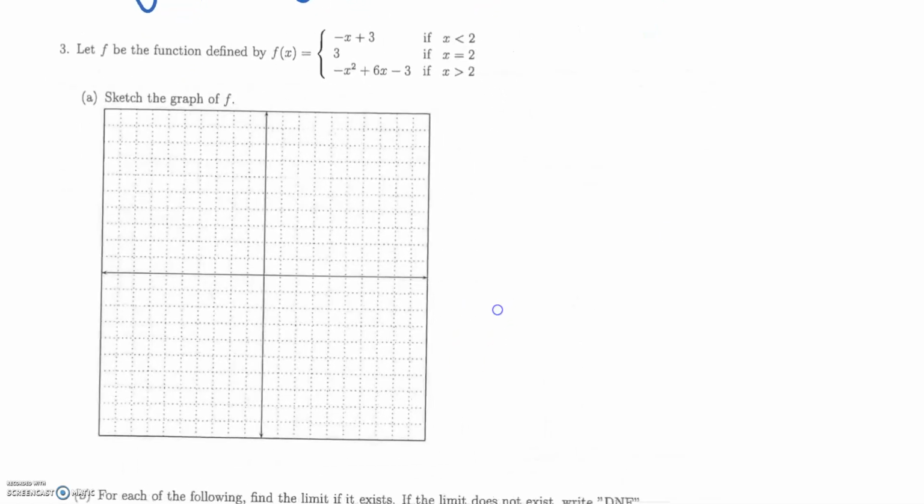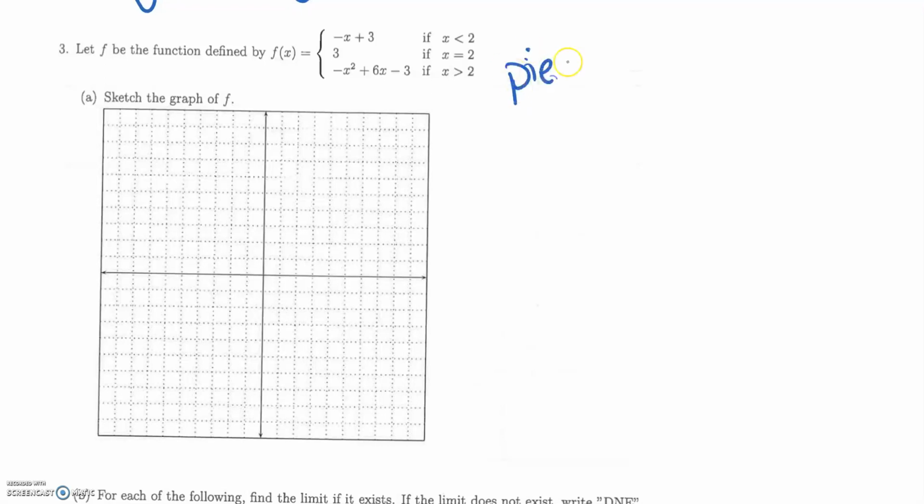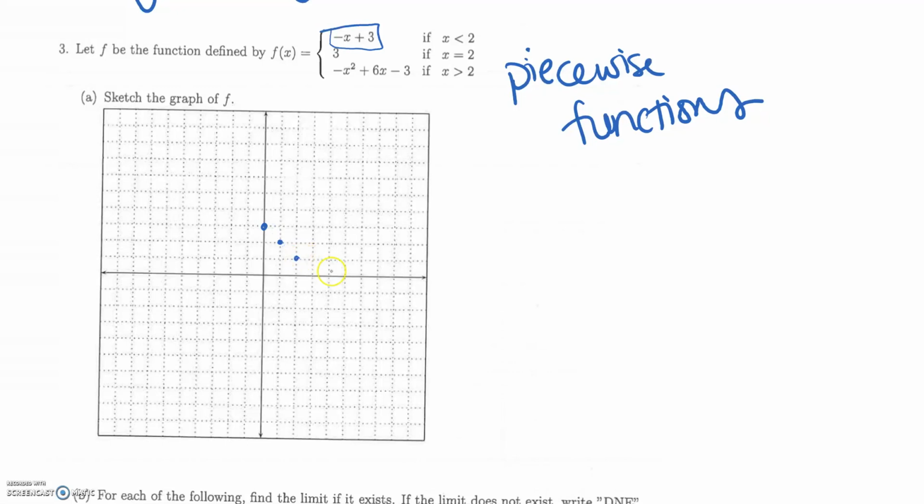This one you do not have a graph. However, remember these are called piecewise functions. And remember, you are essentially graphing part of the graph, and then you're going to erase the rest. So I'm going to graph the line negative x plus 3. So positive 3 is my y-intercept. My slope is negative 1.